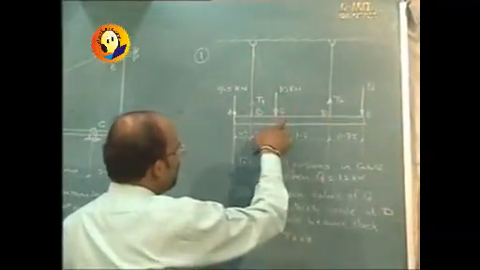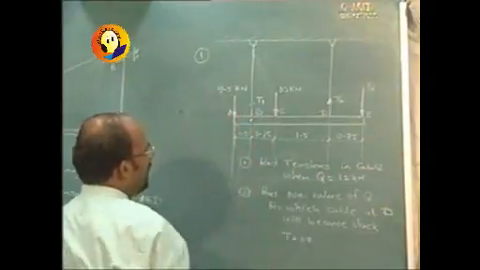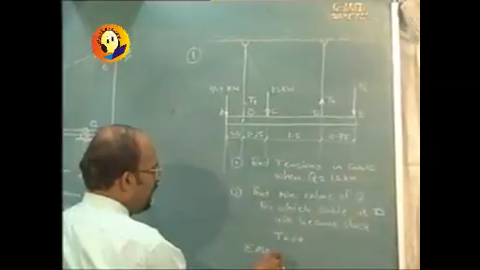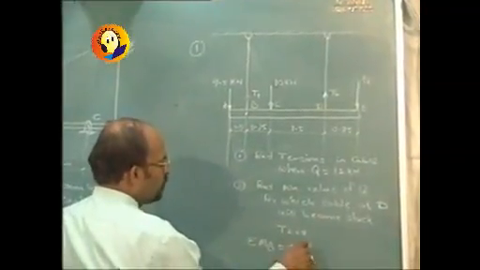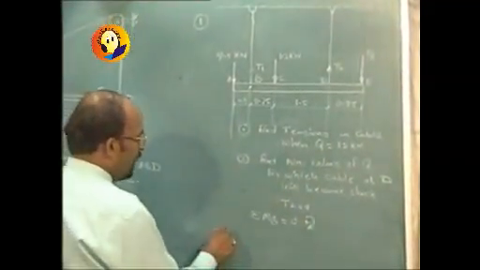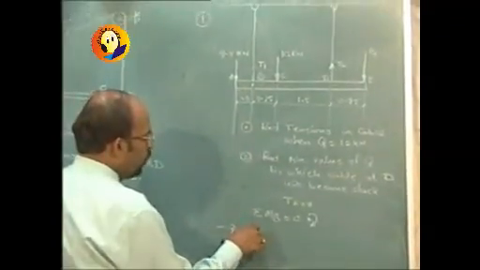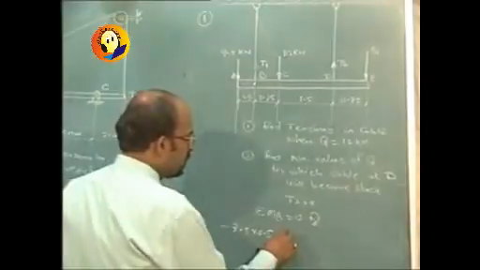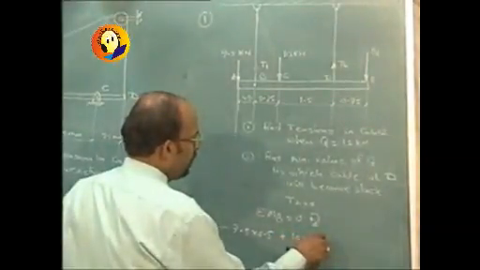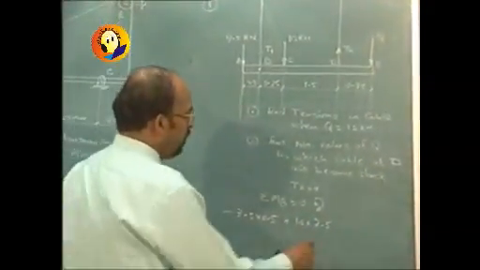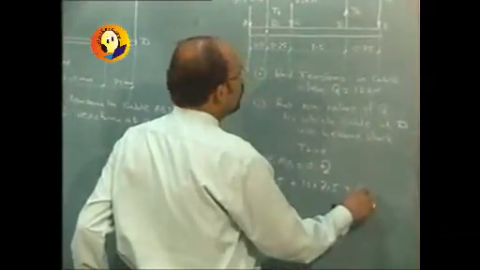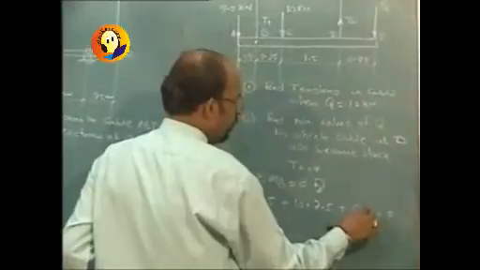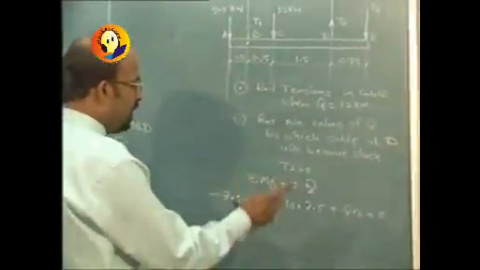We have seen that at point B, when I take the moment now, I will be taking sigma moment at point B equal to 0 with clockwise positive, it will be minus 7.5 into 0.5, actually the equation we had written earlier, plus 10 into 7.5, and it will be plus Q into 3 is equal to 0, because T2 is considered as 0.